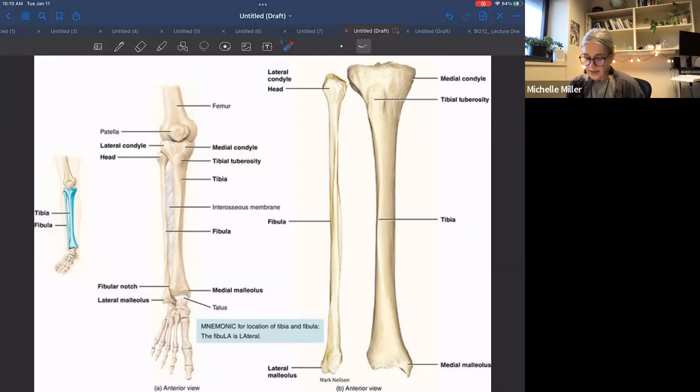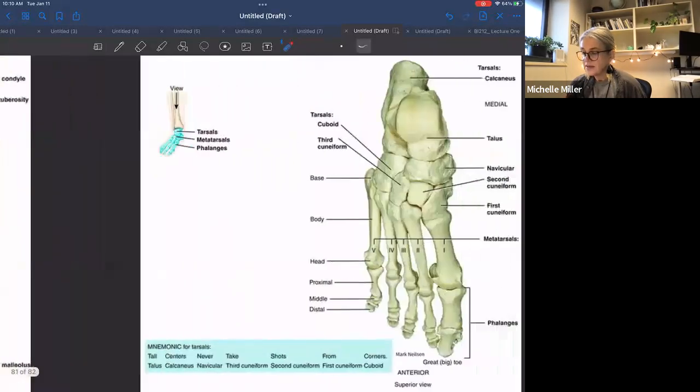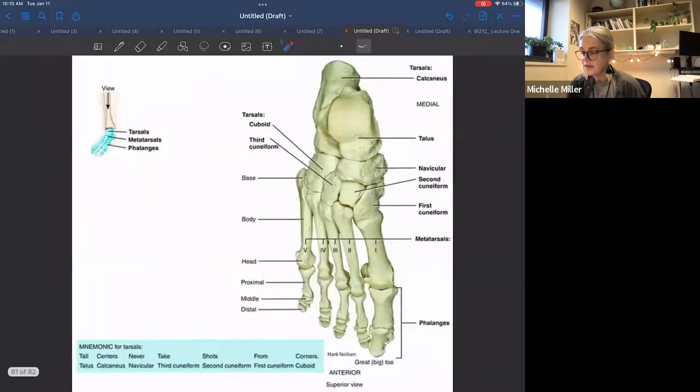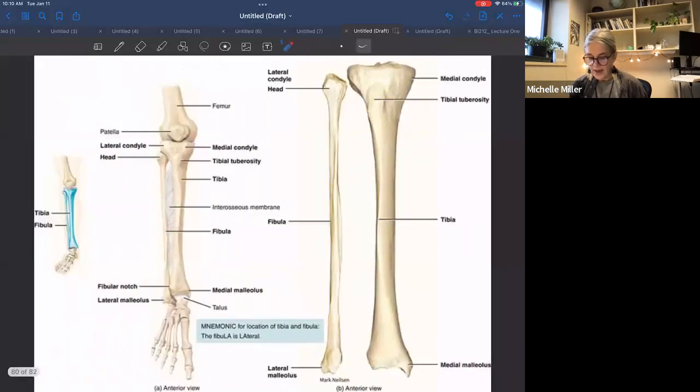So when we look at this articulation at the foot, we see that the tibia and the fibula articulate with one of the tarsal bones that is called the talus. So we have from the tibia and the fibula, continuing distally, we have the talus.